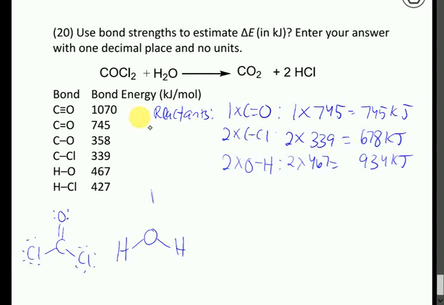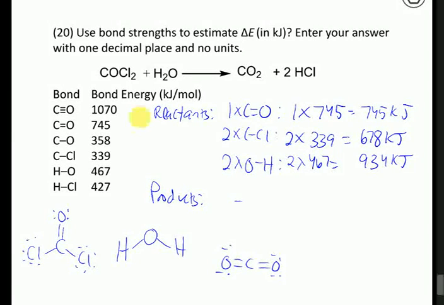And then we go to the other side of the arrow, which is the product side. All right, we need Lewis structures for this. We did CO2 earlier. It's carbon-oxygen double bonds. I'll draw that down here. So that's CO2, so it has 2 carbon-oxygen double bonds.